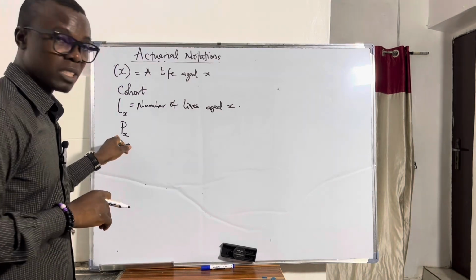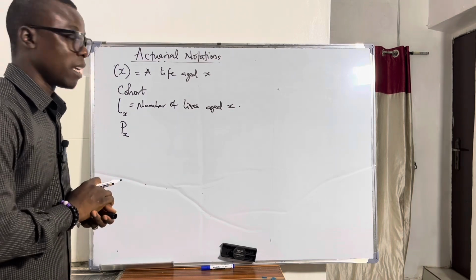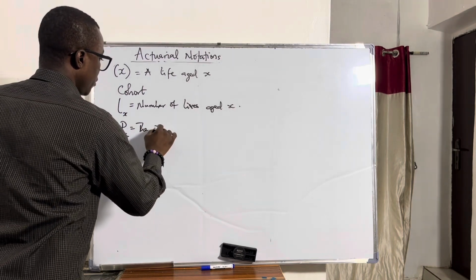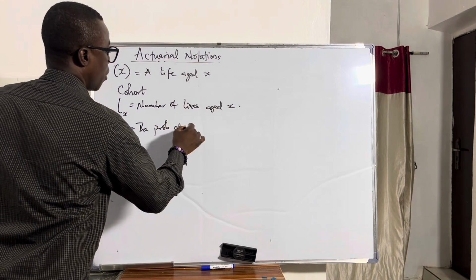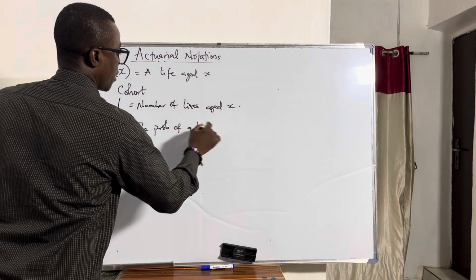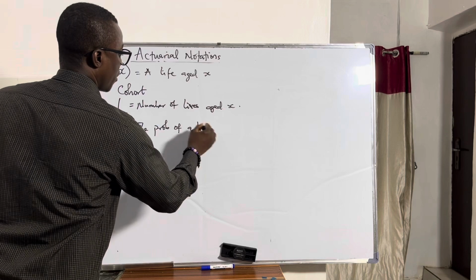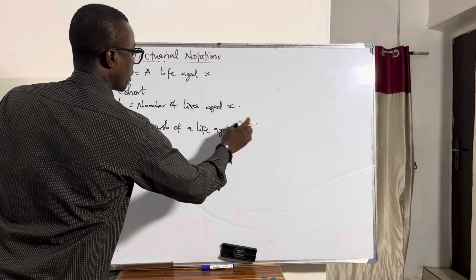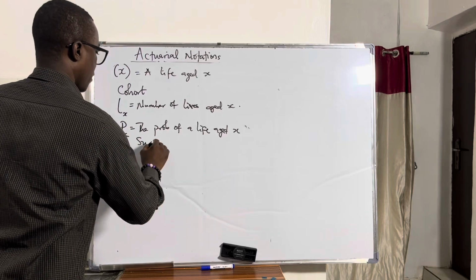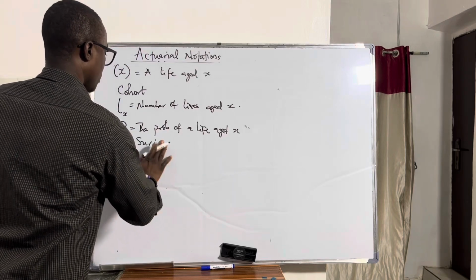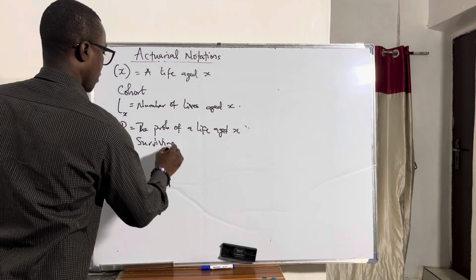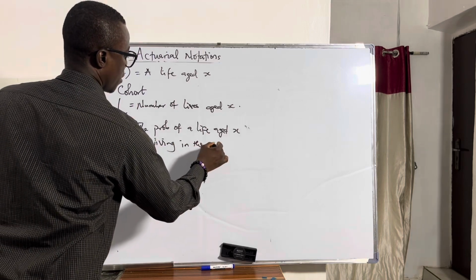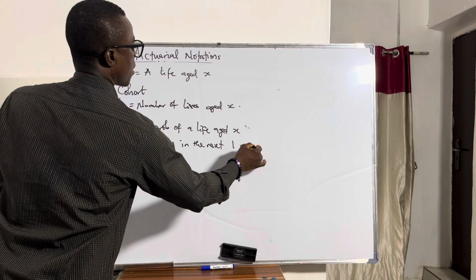So whenever we see this, it is assumed to mean the probability of a life aged x surviving in the next 1 year.